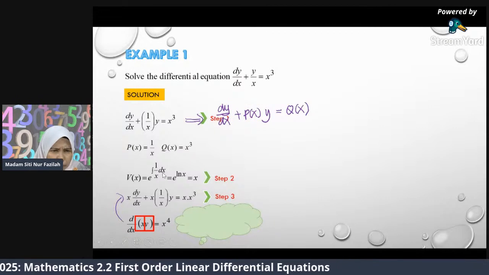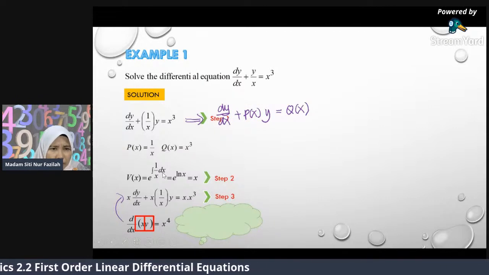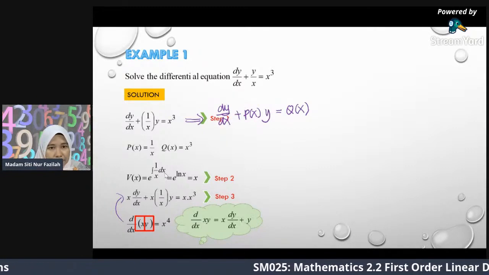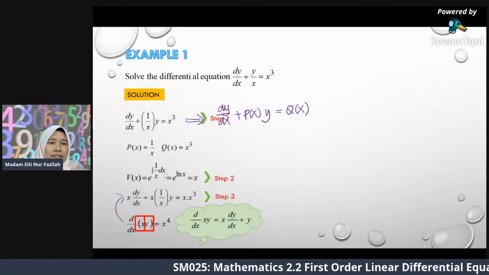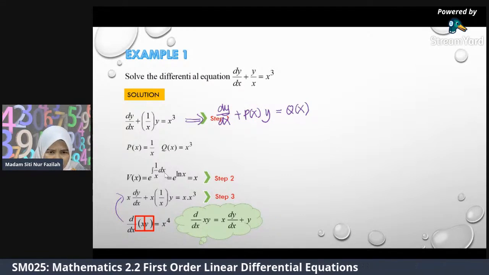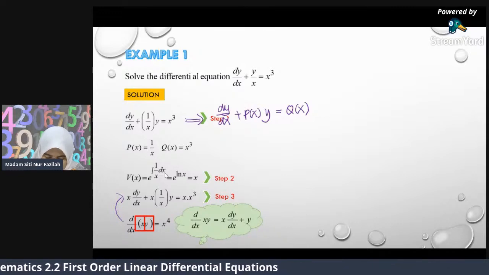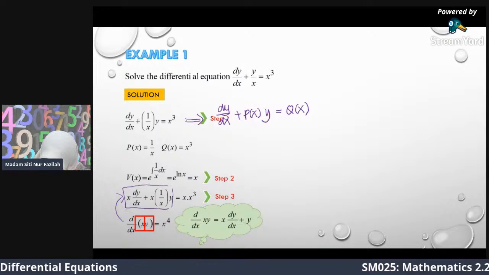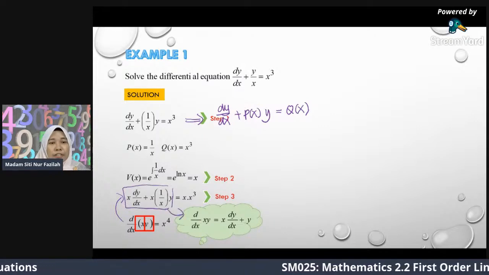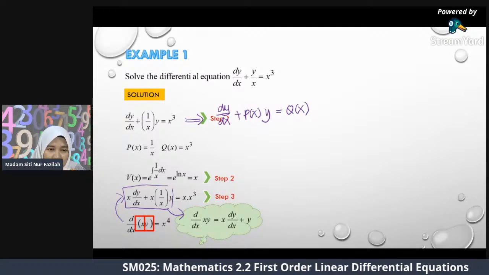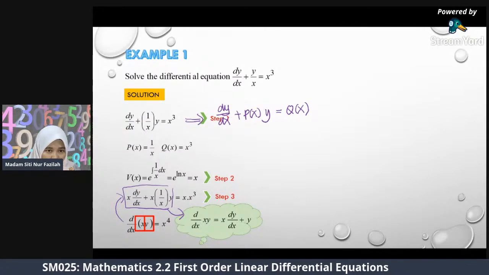Is this true? d over dx of xy gives the expression on the left hand side. d over dx of xy equals x dy over dx plus y. This comes from the product rule.